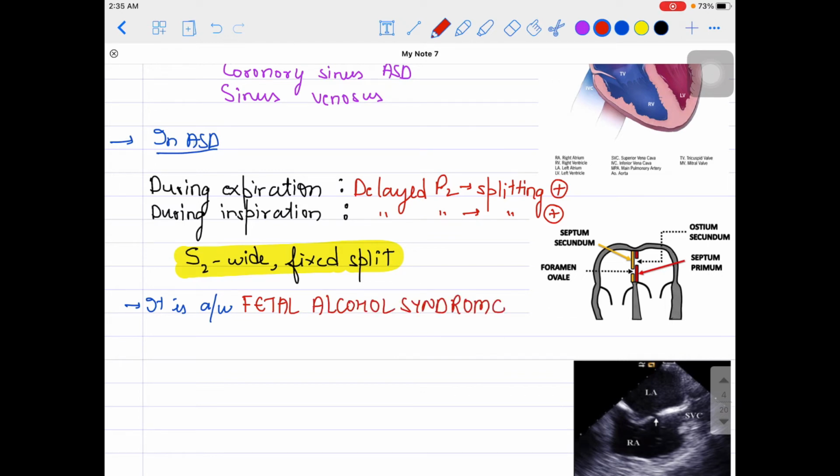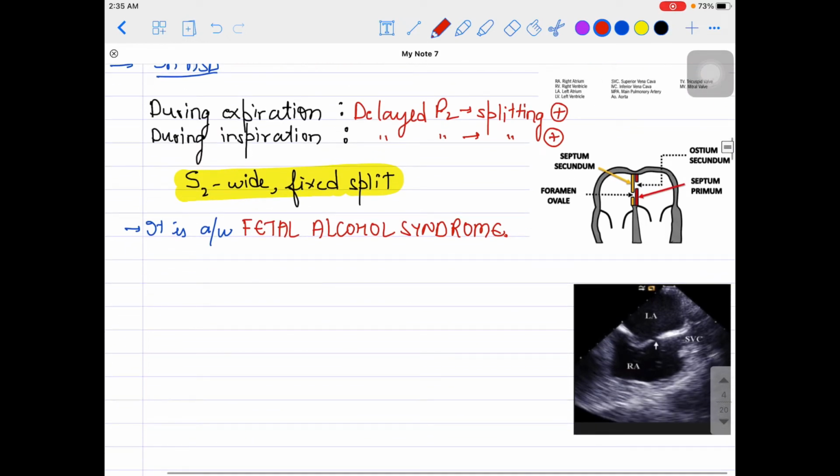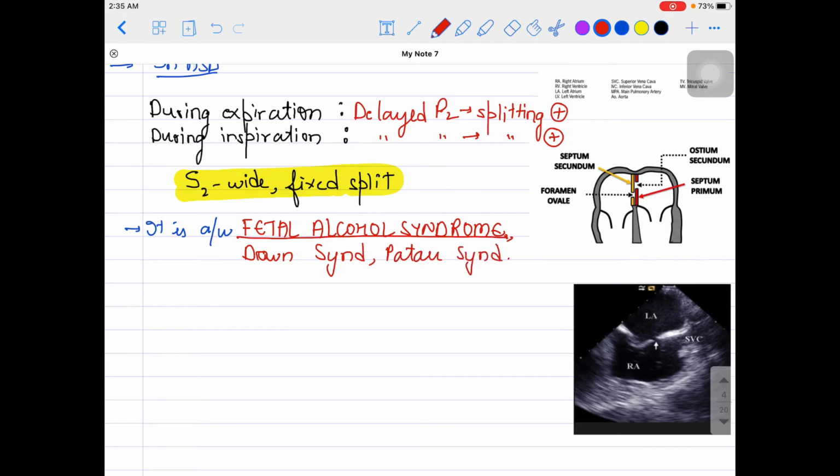It could also be associated with Down syndrome and Patau syndrome, but it is very important that it can be associated with fetal alcohol syndrome. Down syndrome and Patau syndrome associations have also been seen, but fetal alcohol syndrome is the one you need to remember.